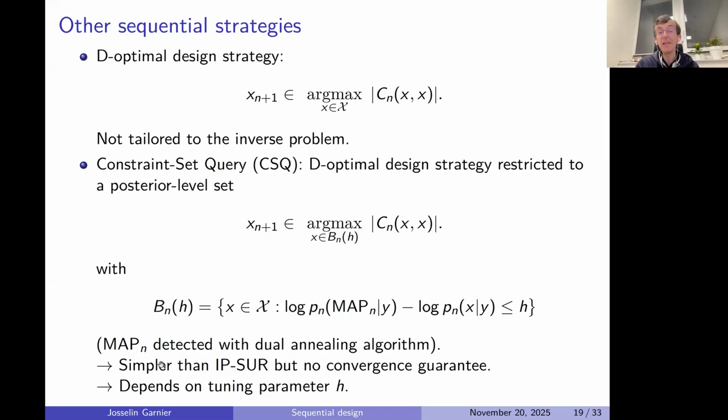First, it's a little bit simpler, not so much, but nevertheless simpler than the strategy we have designed. There is no MCMC algorithm here, but there is a search algorithm. The problem is that there is no convergence guarantee. This one has no supermartingale property, so you cannot guarantee that you will converge. On top of it, there is a tuning parameter, which is the h here. We will see that it gives reasonable results if you tune the h properly.